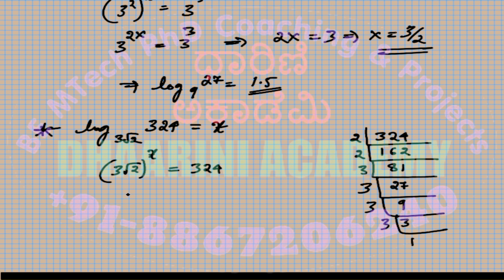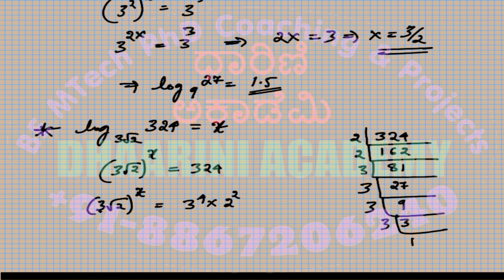Now this is actually pretty straightforward. Therefore, 3 root 2 to the power x is equal to, I can write 3 repeated 4 times, so 3 to the power 4 into 2 to the power 2.